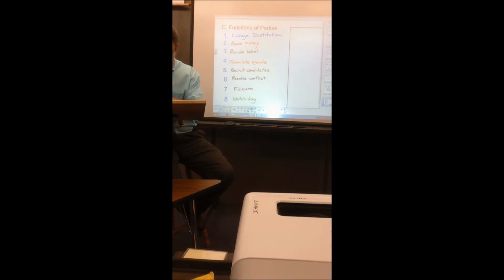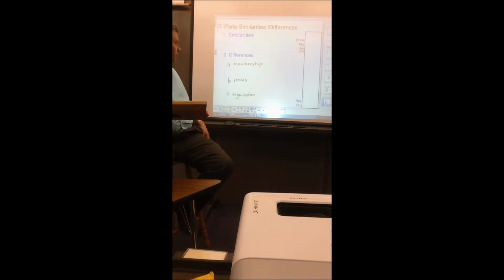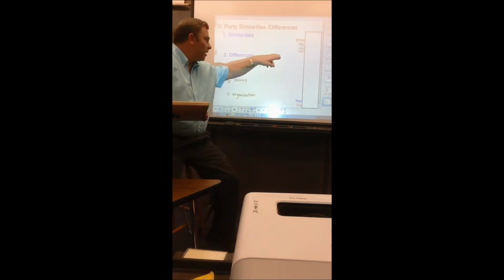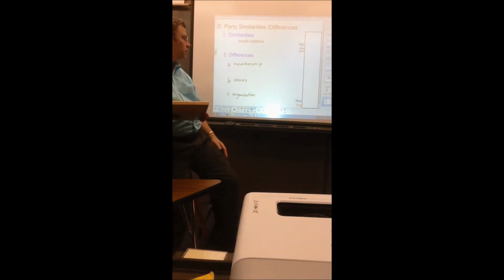Okay, let's go to box 3 on history. Differences. Well, let's do the differences and similarities here. They are similar in that both parties are a big tent. They are broad coalitions.